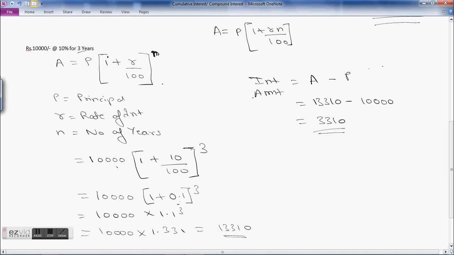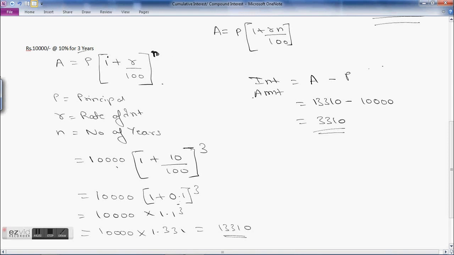So in the first year you're providing an interest on 10,000. In the next year the interest is calculated on 10,000 plus the interest of the first year. Okay, that is 1,000.